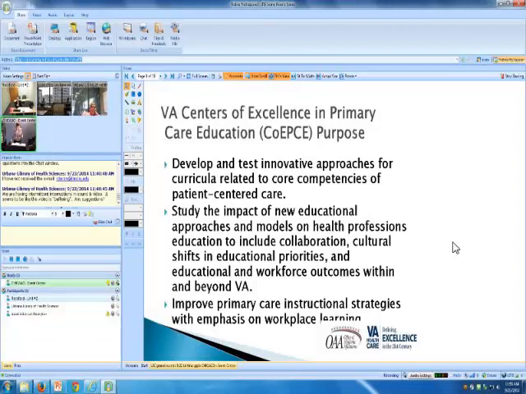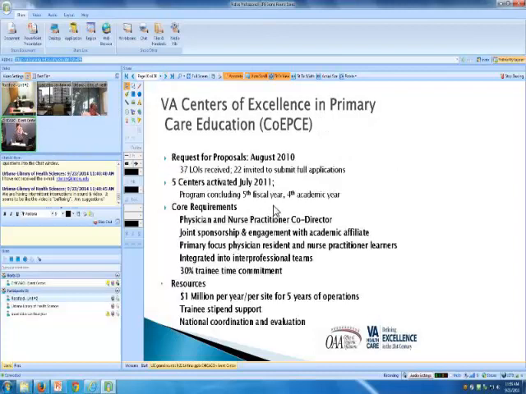And then we want to improve the primary care instructional strategies with emphasis on workplace learning. So very, very lofty goals. So this is a 5-year project.